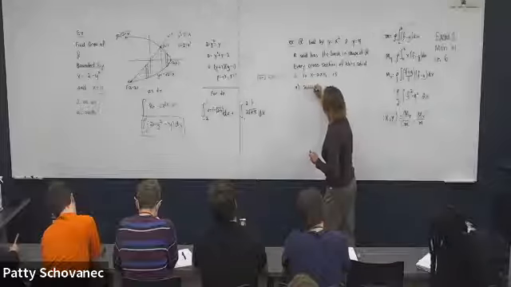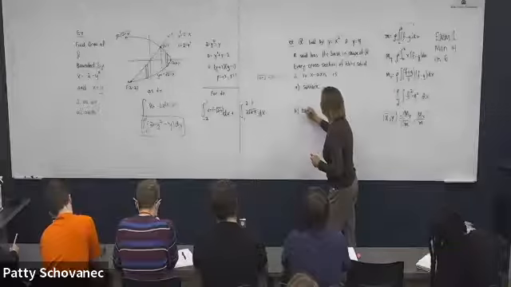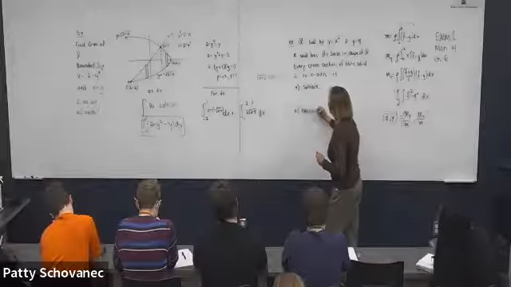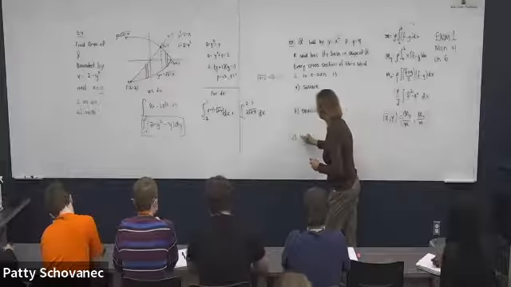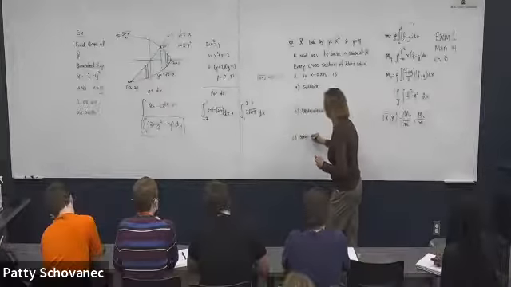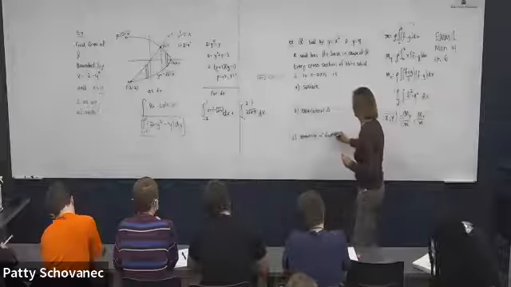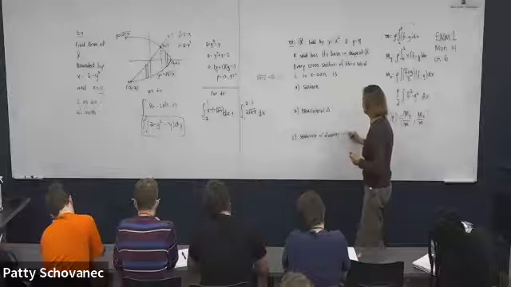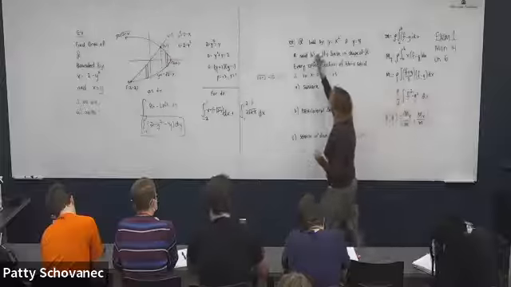In part B, an equilateral triangle. In part C, a semicircle with diameter on the base. And I want you to set up integrals to find the volume.